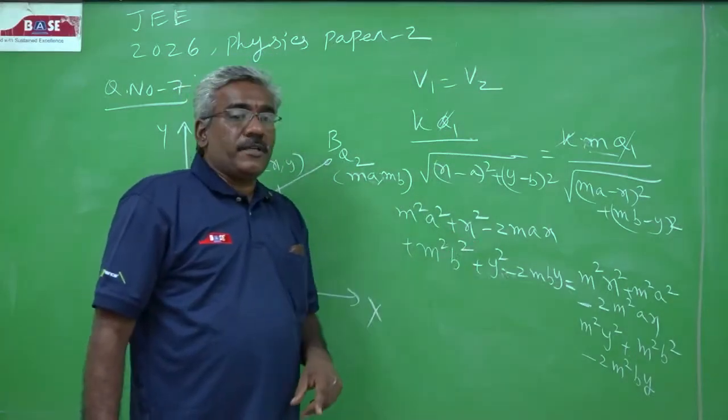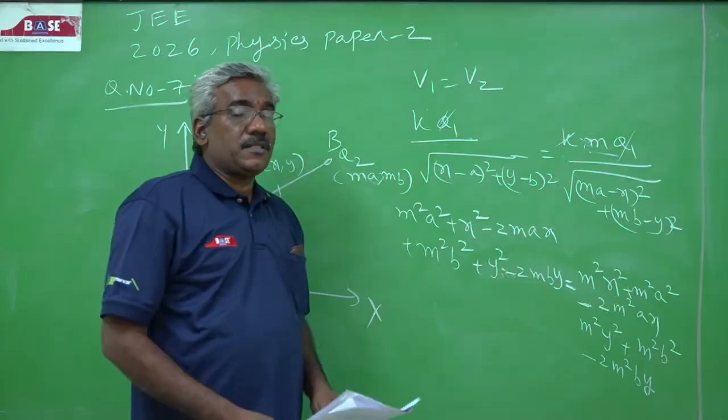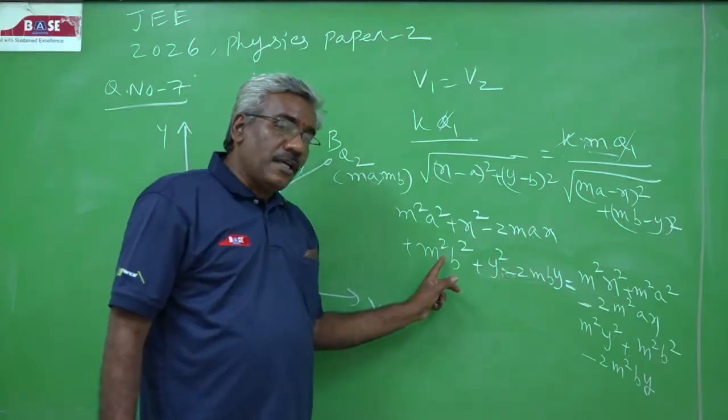So options are given for us: option A, option B, option C, for values of m.